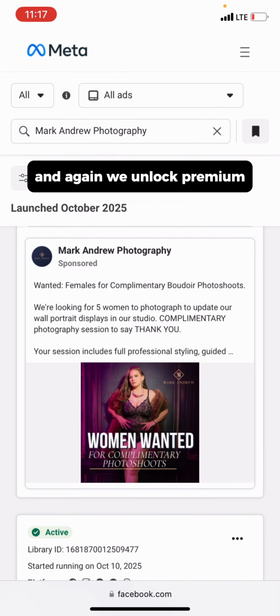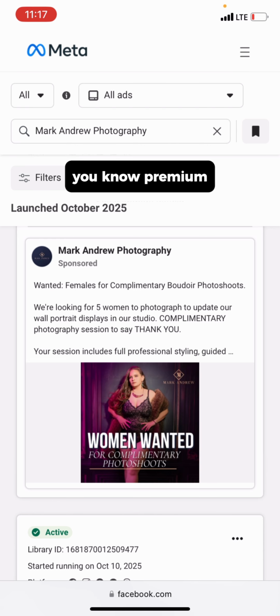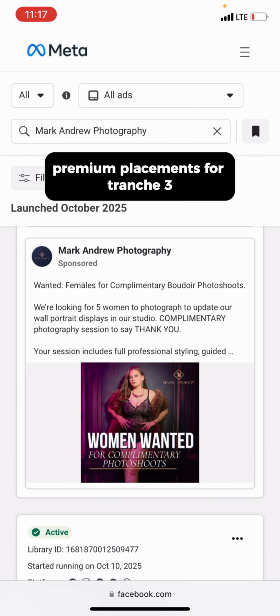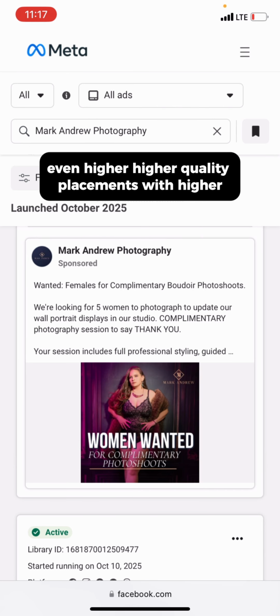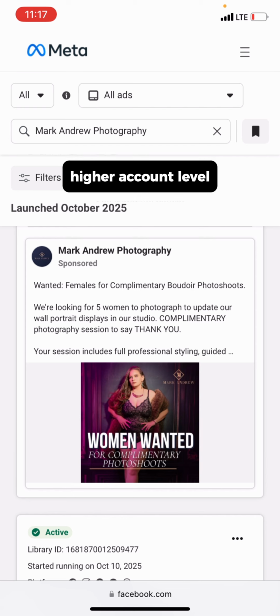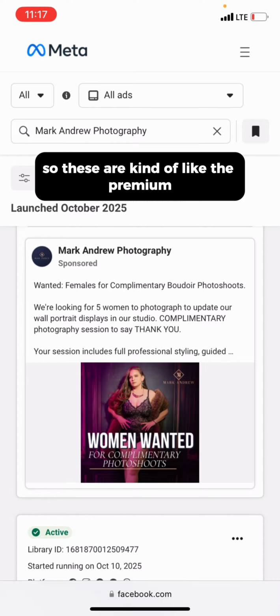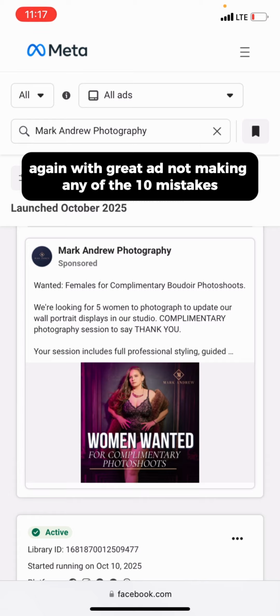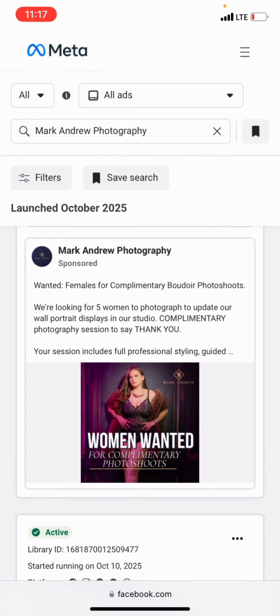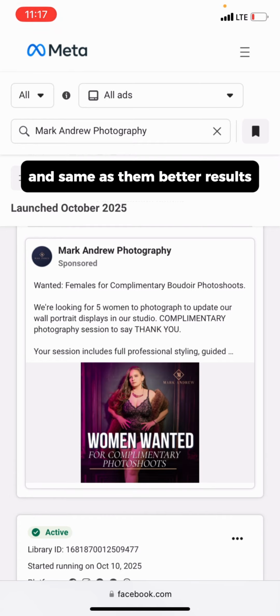And again, we unlock premium placements for tranche three, even higher quality placements with higher account level conversion rate and ad engagement rate and all that. These are the premium placements we unlock with a great ad, not making any of the 10 mistakes we're going to talk about today. Same ad spend, better results.